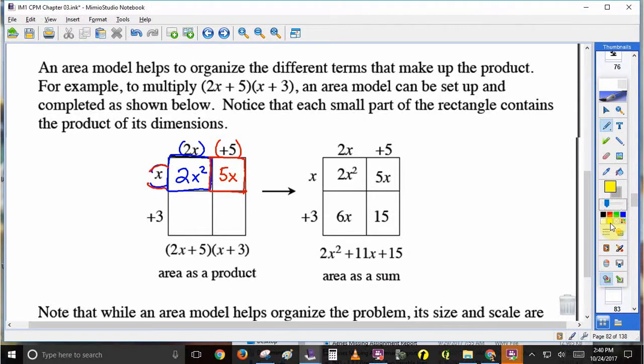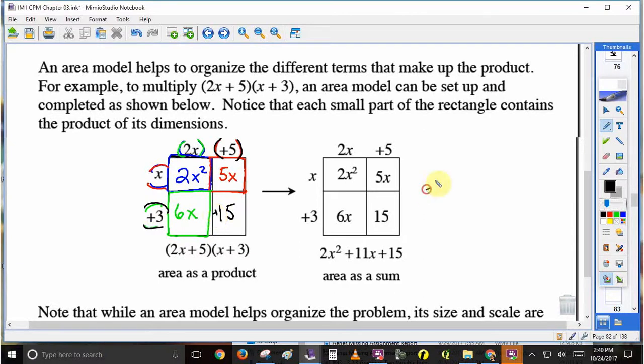The lower left corner would be 2x times 3, or 6x. And the lower right corner would be 5 times 3, or 15. So we have that all filled out here on the right.